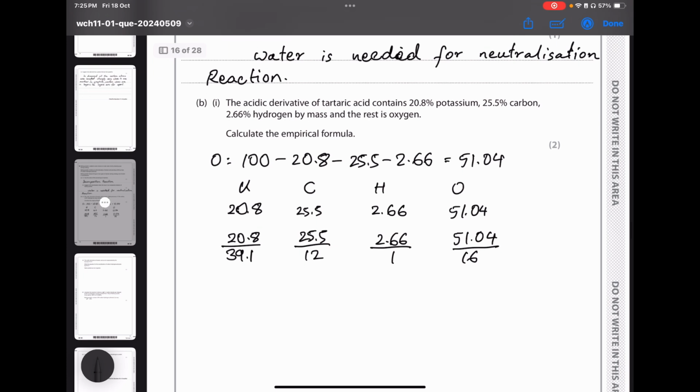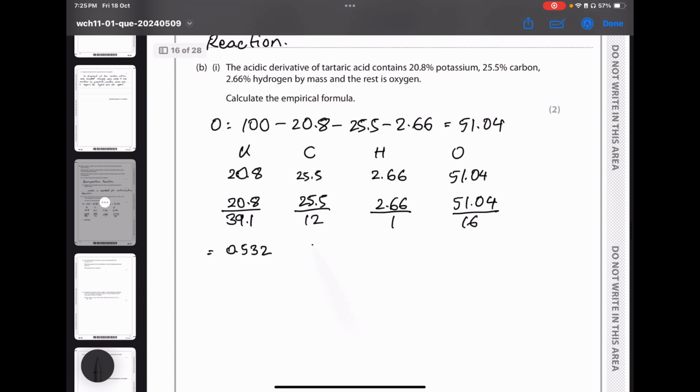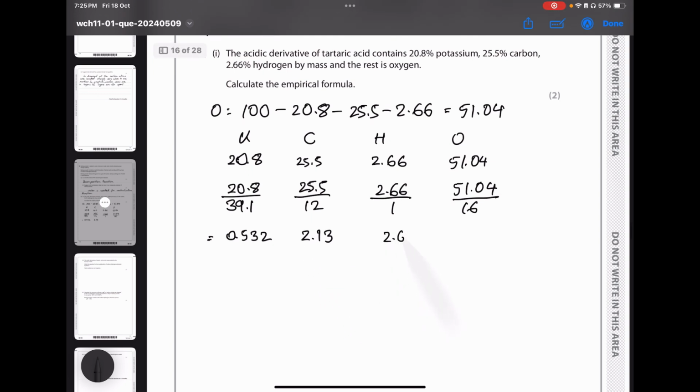These are all the molar mass of individual elements. Now we get the value of 0.532. Here we get the value of 2.13. This is 2.66. And this one is going to be 3.19.